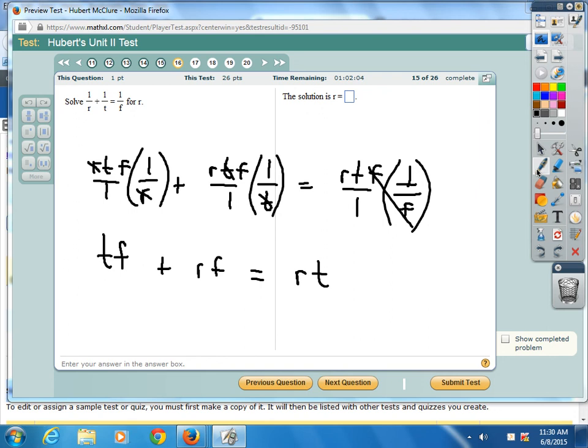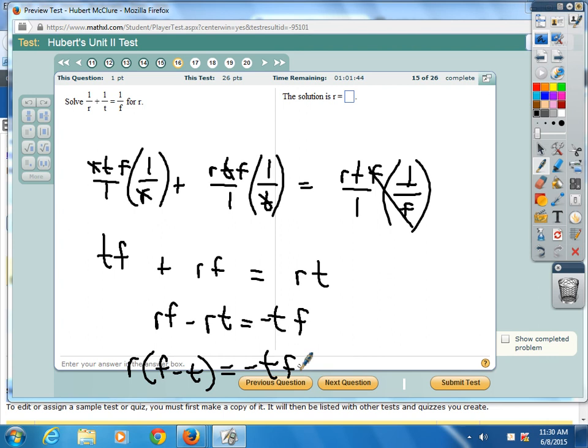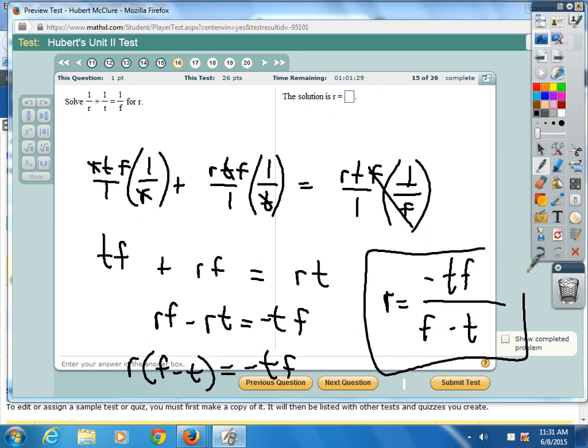So get all your R's on one side. Bring this RT over, so it would be RF minus RT is equal to TF. And then factor out R. R is equal to TF over F minus T. That should be your answer.